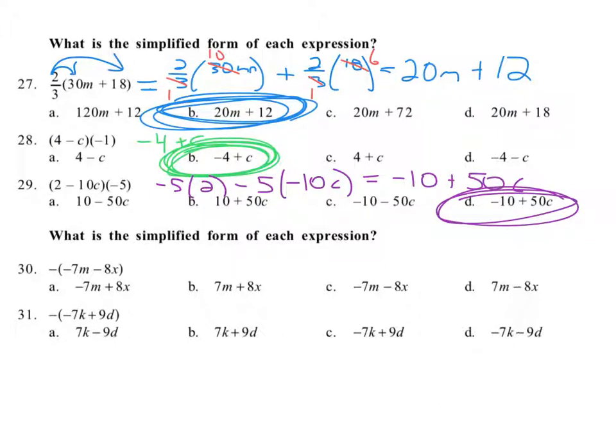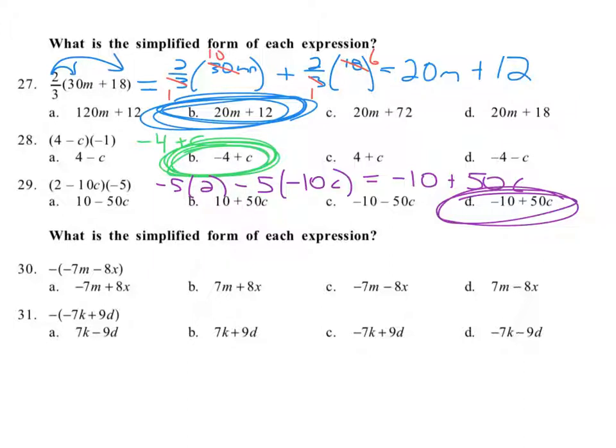Okay. What's the simplified version of each expression? Well, these two are the same. You're multiplying by a negative. It's an invisible -1 there. We're really multiplying everything by -1. And we know that when we multiply by -1, we change the sign of everything and otherwise keep it the same. So this times that is basically saying do the negative of -7m, or the opposite of it.